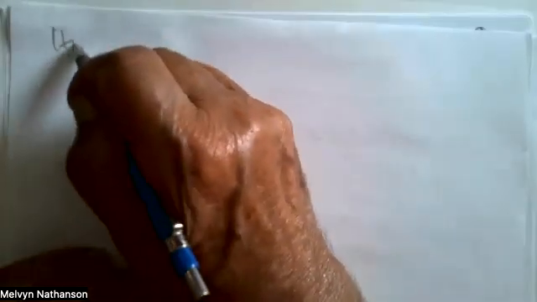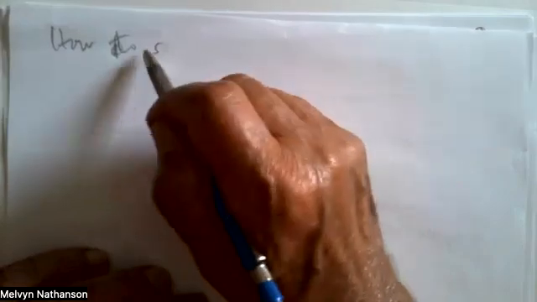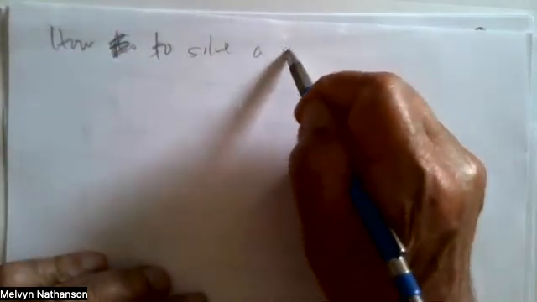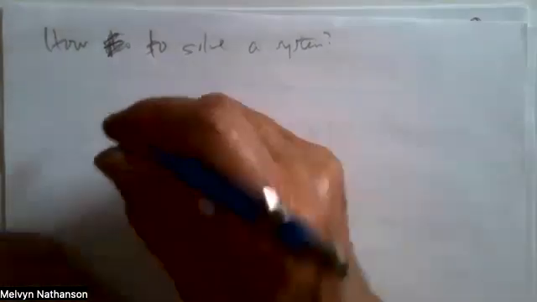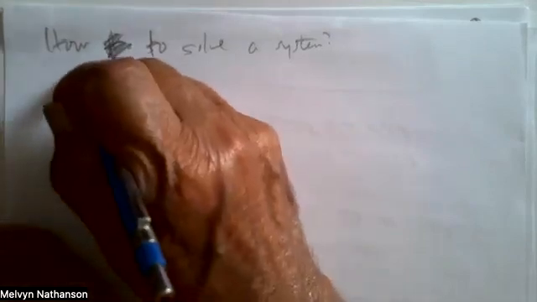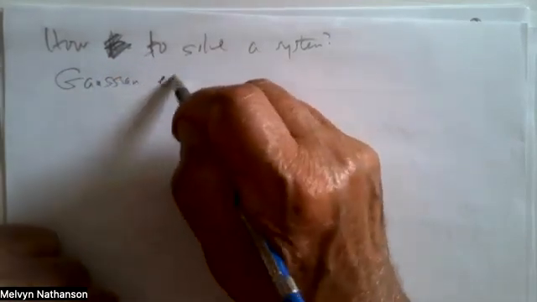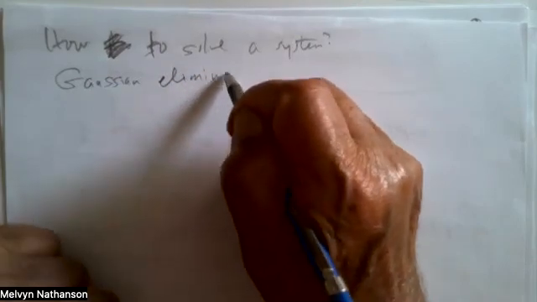The question is, how to solve a system. And the classical technique is to use something called Gaussian elimination.